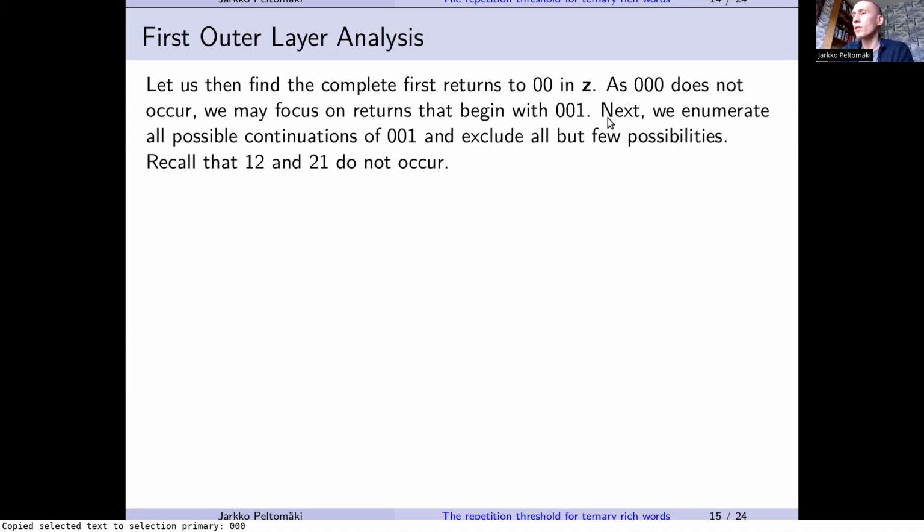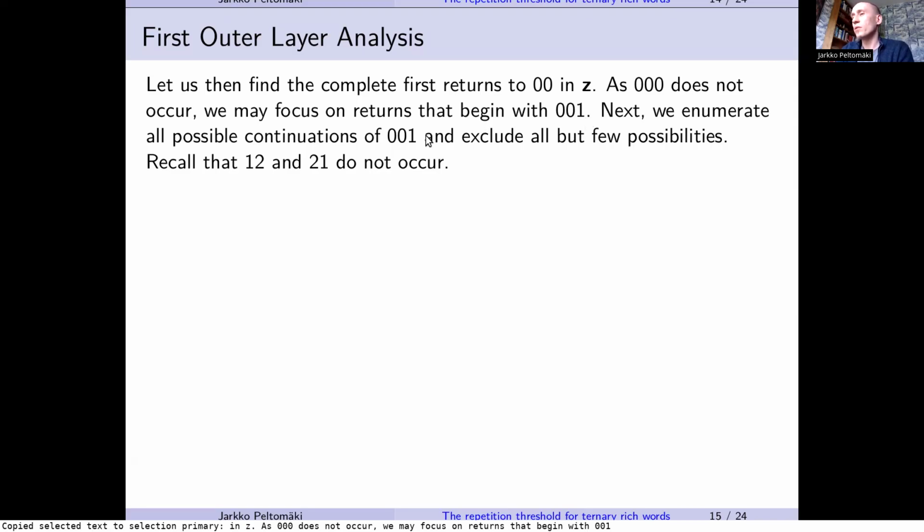And we may focus on returns that begin with 0, 0, 1. You also need to prove the result for the returns that begin with 0, 0, 2, but that's pretty much the same proof as what I'm going to give here.